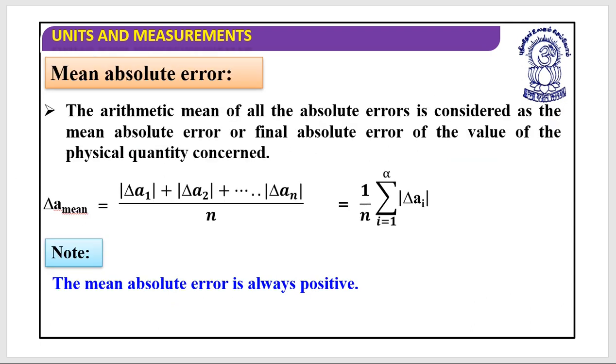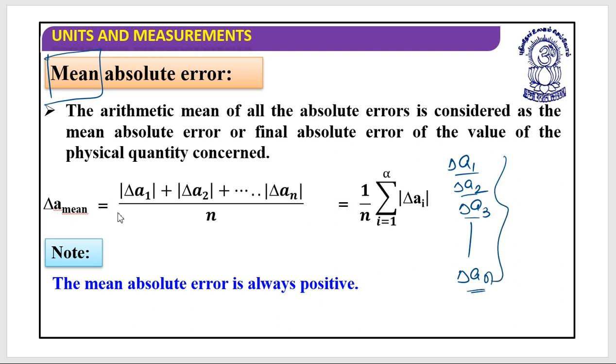Now next, look at the mean absolute error. What do you mean by mean? You know that it is an average only. So in the previous slide, we calculated delta A1, delta A2, delta A3, and delta AN. When I take an average of all these errors, it would be the mean, delta A mean.